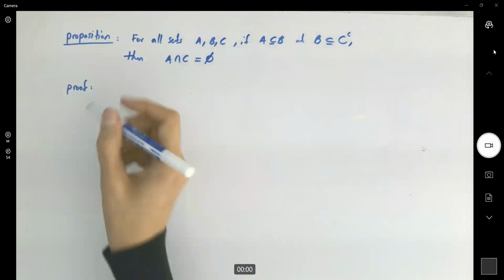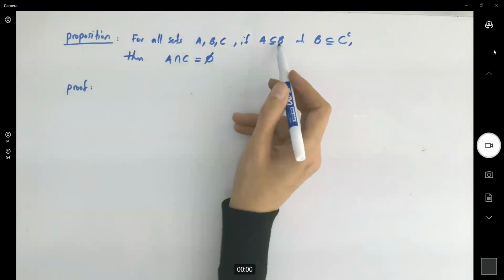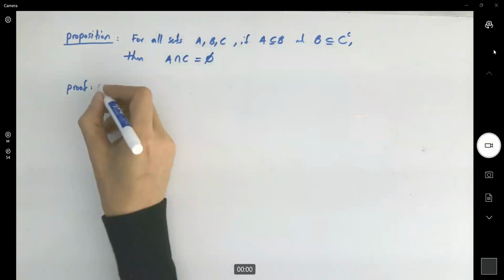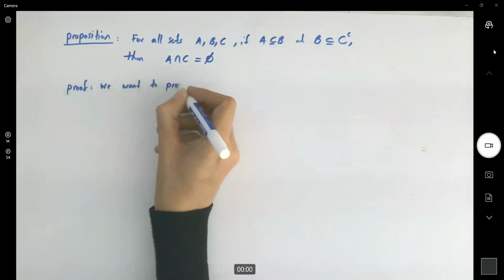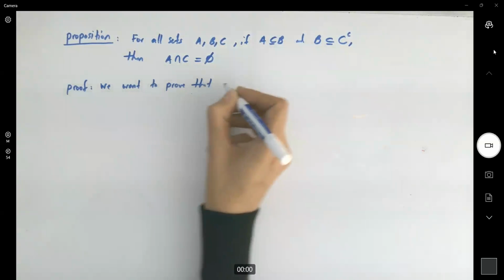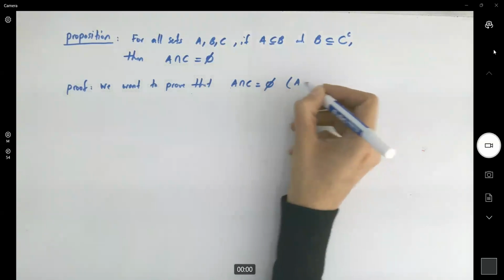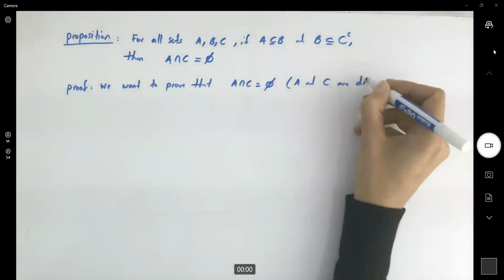Well, let's see. We know that A is included in B, and B is a subset of C complement. So we want to prove that the intersection is empty, or A and C are disjoint sets.